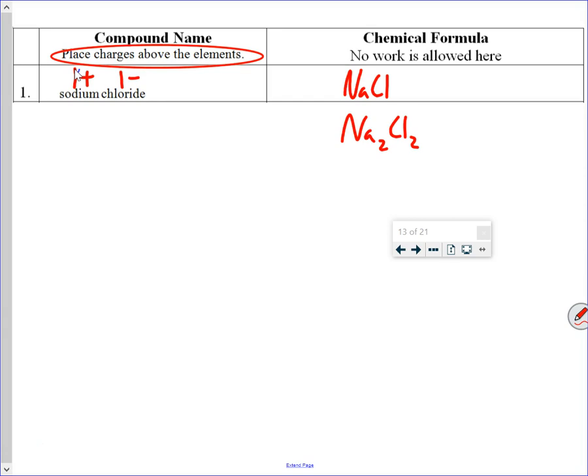And the math is right, but in reality, formulas have to be reduced. So we can't write this as anything other than NaCl. Na2Cl2, while mathematically correct, is not the appropriate formula. So that would be wrong. If you ever write a formula and realize that you have something that can be reduced, please reduce it, because the reduced form is the correct answer. All right, let's keep going.